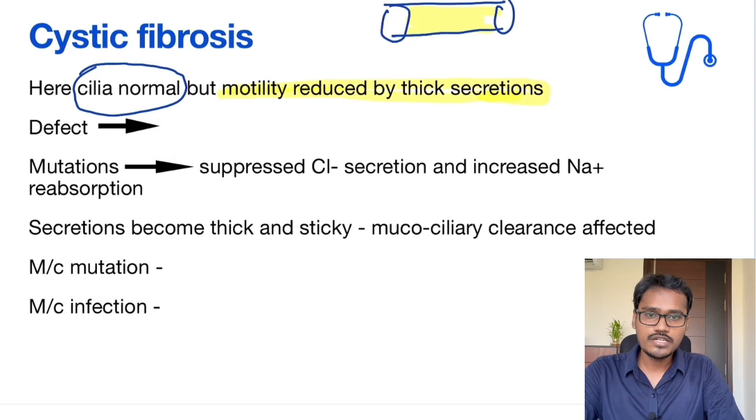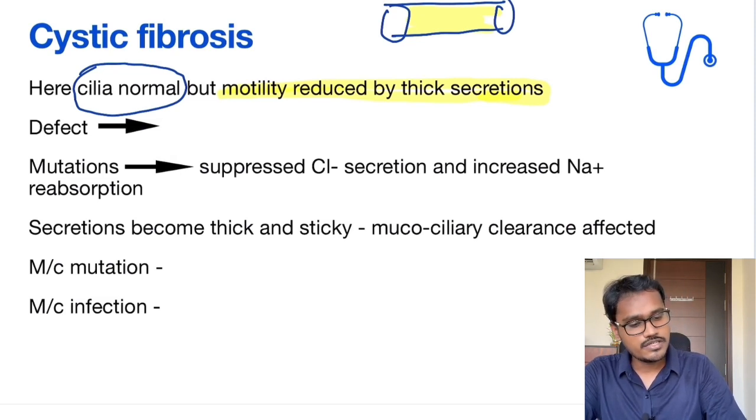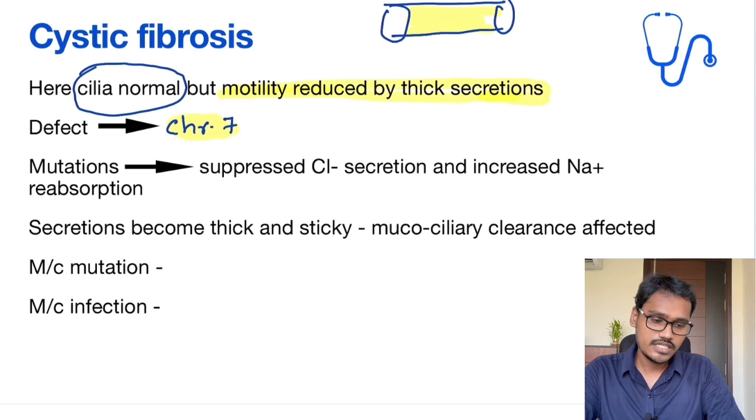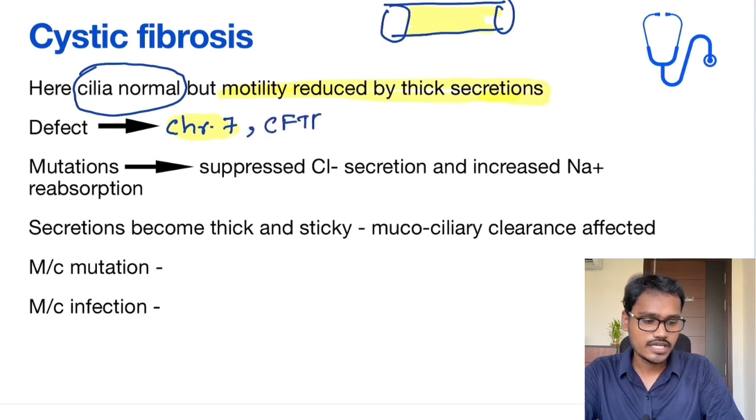The common defect here is in chromosome number 7, which is an MCQ chromosome number. And what is the gene affected? The gene affected, which is also an MCQ, is CFTR.